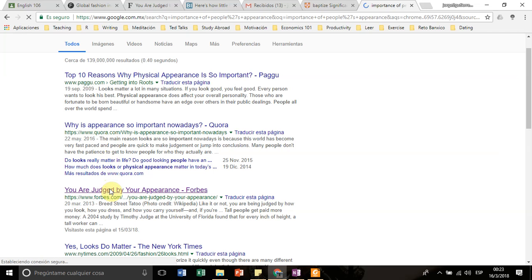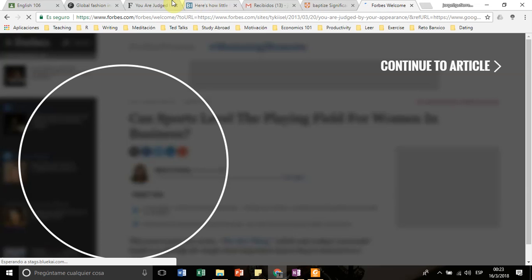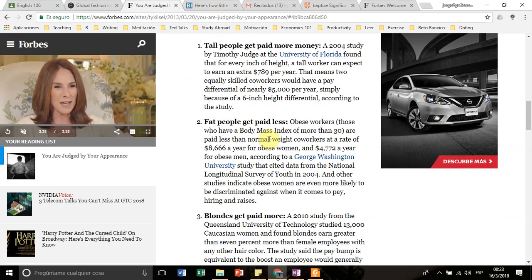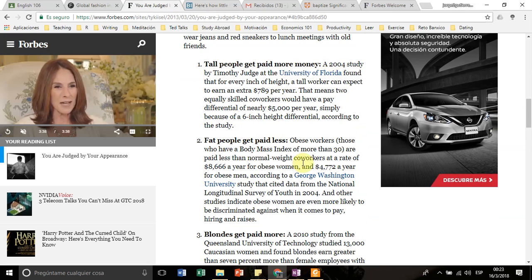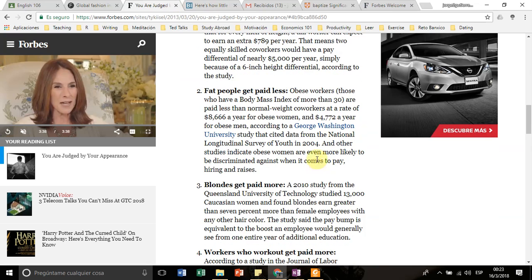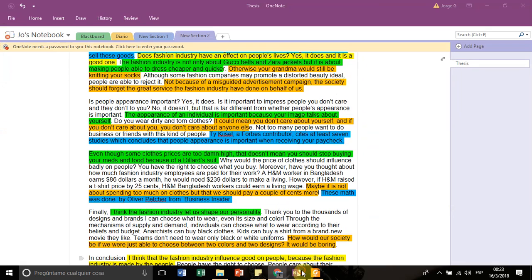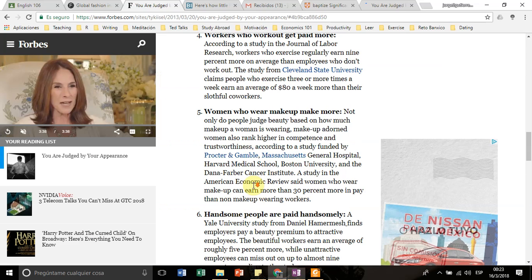So I read this article, which is already here, and he cites several studies from universities in the United States. In my essay I wrote that T. Kiesel cites at least 7 studies, which is true.